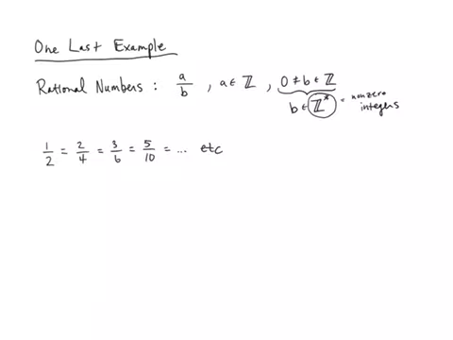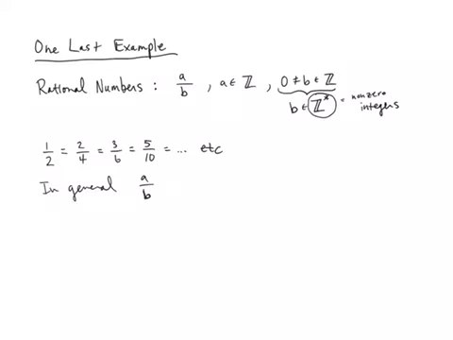And in general, what's common among these things is the general rule: we have this one notation for a rational number.